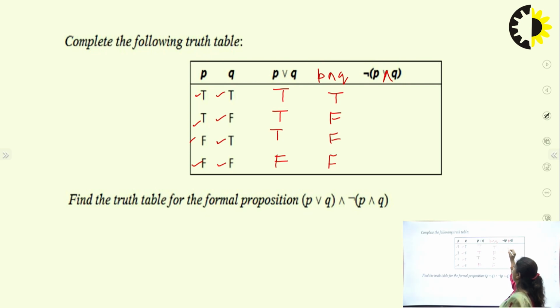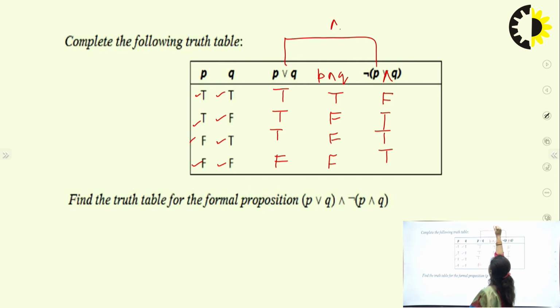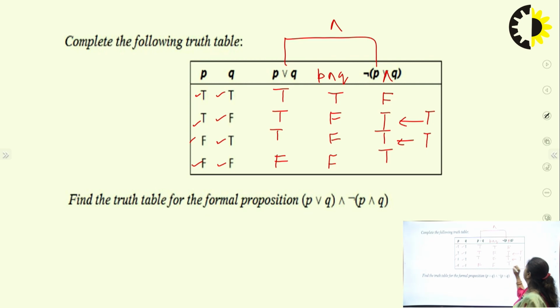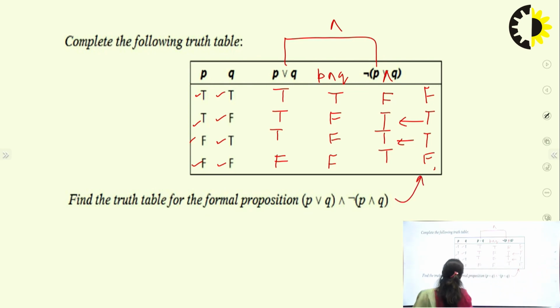In place of true I'll get a false, and in place of false I'll get a true. Okay, and now taking the conjunction of these two columns, wherever I have both true, I'll get a true, otherwise I'll get a false. So I'll get a true over here, I'll get a true over here, otherwise I'll get a false. So this is my final output. So this is how we draw the truth tables for formal propositions.